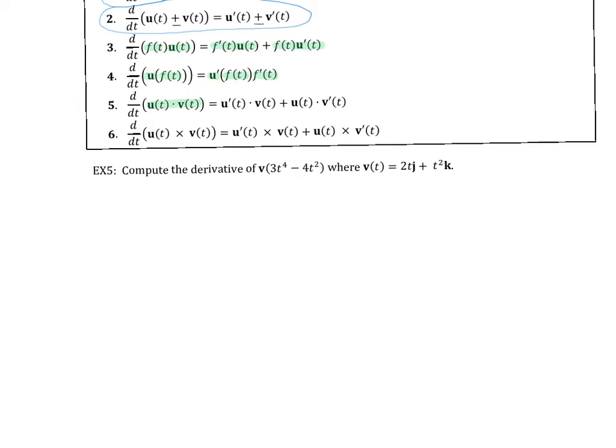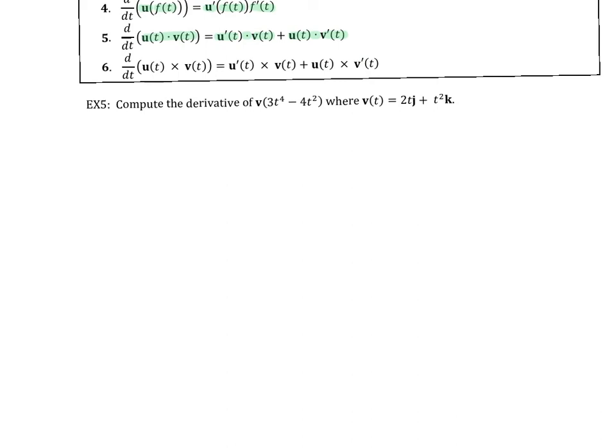It would be derivative dot keep plus keep dot derivative. But notice that on the left-hand side, I'm just doing the dot product once and then taking the derivative of the resulting value. But on the right-hand side, I'm doing the dot twice, plus I'm doing the derivative twice. So it's more efficient to work on the left-hand side, although it doesn't really matter.